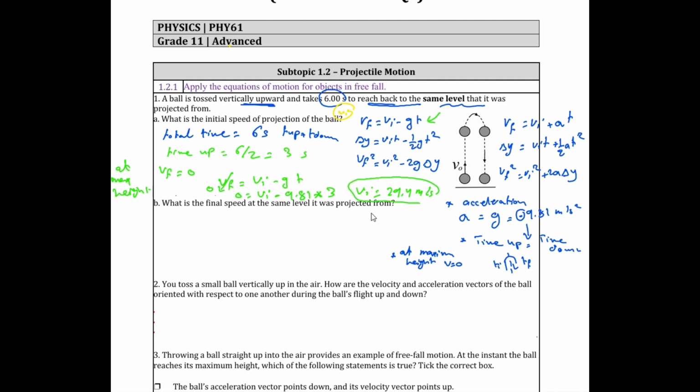What is the final speed at the same level? In projectile motion or in free fall, the final speed should equal the initial speed but in the opposite direction. So the answer is V equals 29.4 meters per second.